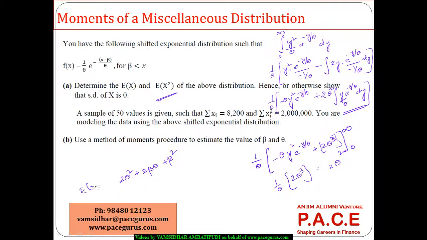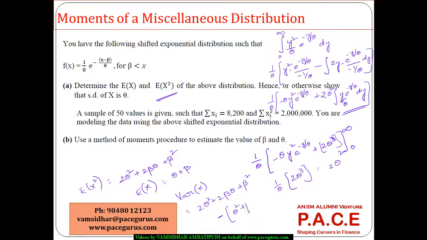So expected value of x squared is coming out to be this. Expected value of x is coming out to theta plus beta. Now from here I can find the variance, which is nothing but expected value of x squared minus expected value of x whole squared.